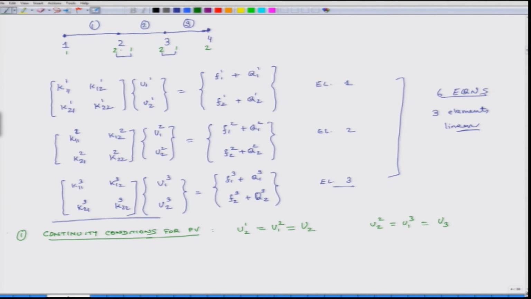What I do is I make these modifications to my element level equations and I replace them by U2, and this is also U2, agreed. Similarly, because U2 of the second element and U1 of the third element are same, I replace this by U3.